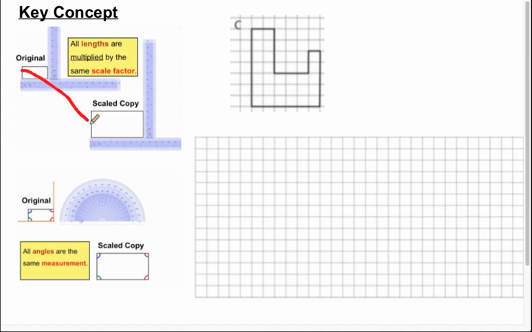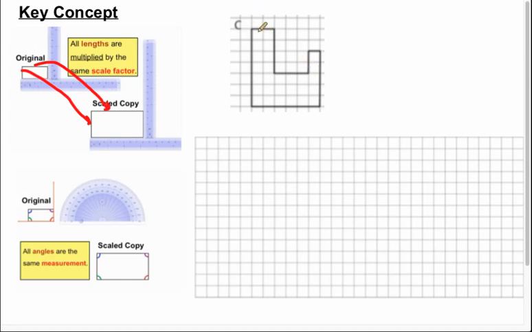These are corresponding lengths. You would multiply the length of the original by the same scale factor to get the scaled copy length. And the angles of a scaled copy are going to have the exact same measurements as the angles of the original. So these are your two main concepts about scaled copies.